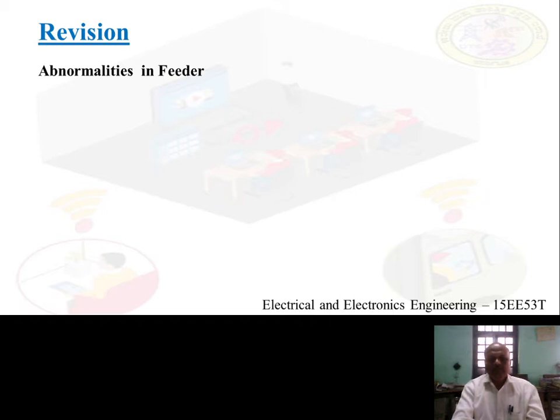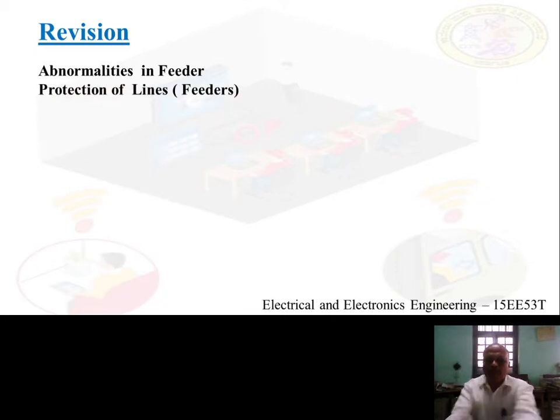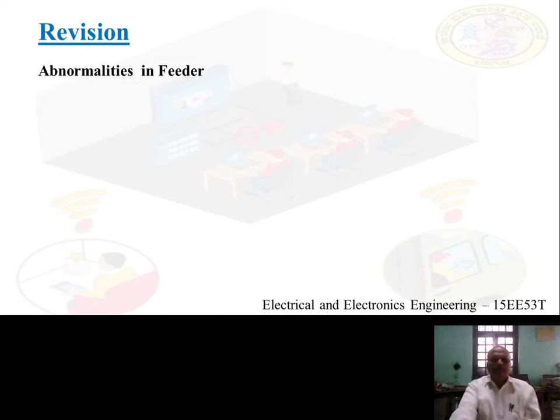Usually 70% of total faults are single line to ground faults, 15% of total faults are line to line faults, and the rest, 15%, are double line to ground faults, all three phase short circuits, open conductor faults, etc.